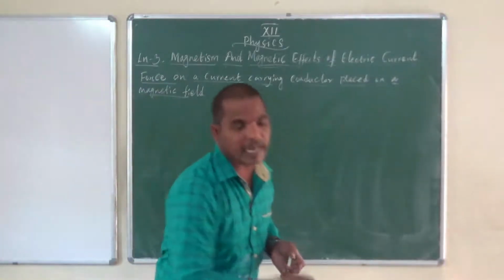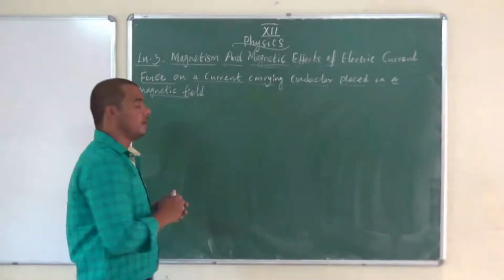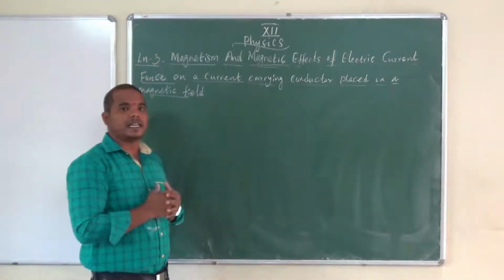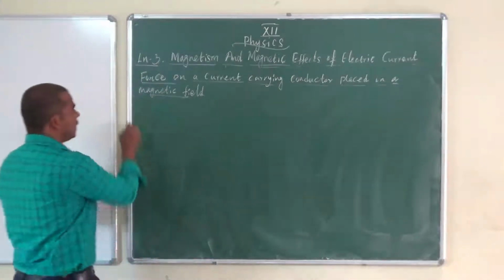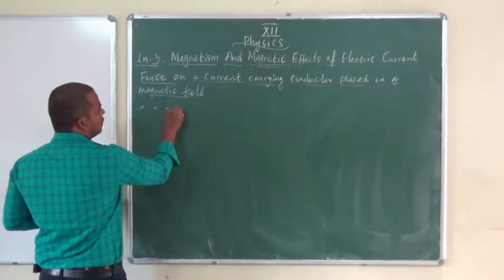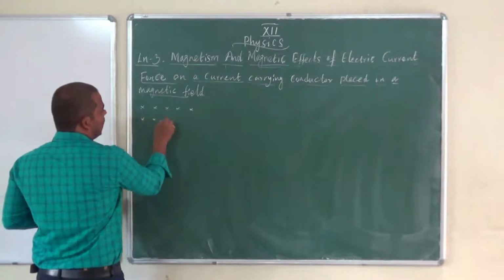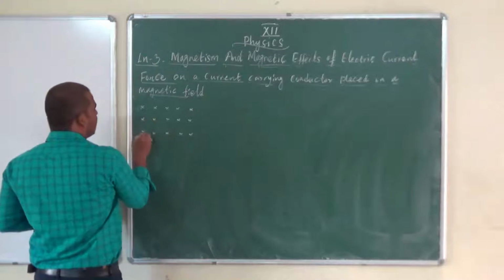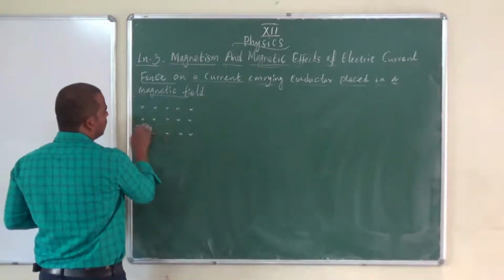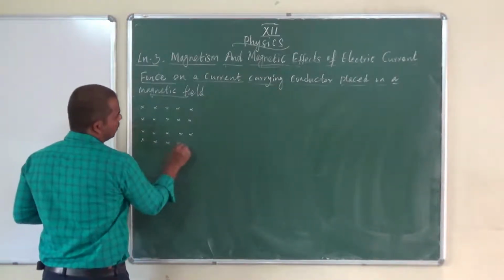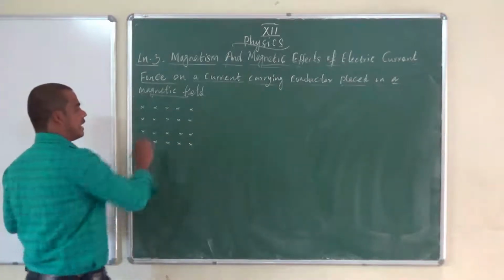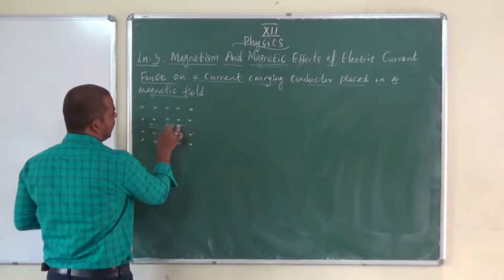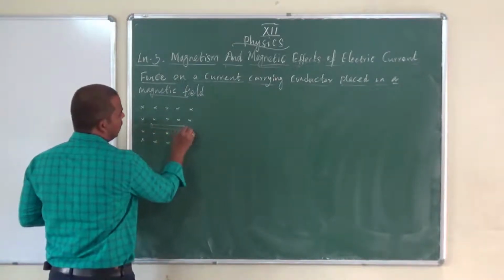So, force on a current carrying conductor placed in a magnetic field. When a current carrying conductor is placed in a magnetic field, first sentence, if you take one current carrying conductor, that conductor is placed in a magnetic field. This is the magnetic field. Assume, now I will take one current carrying conductor, which looks like a wire.